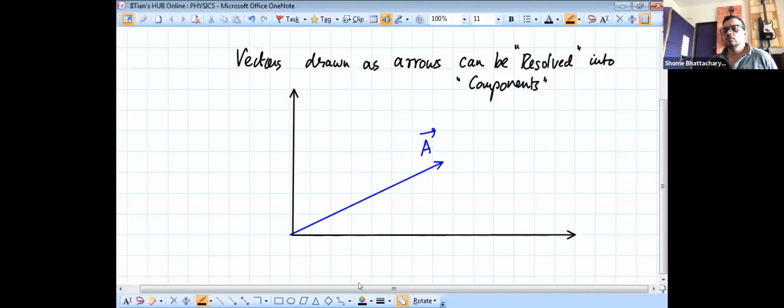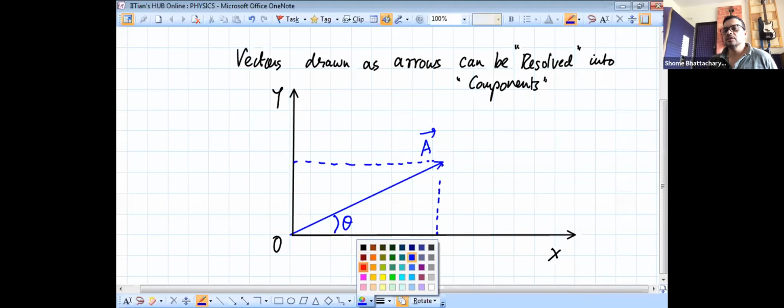So we know that with respect to our xy coordinate frame, this particular vector is at some angle theta. So we drop a perpendicular here, and we drop a perpendicular here. And it's just a matter of trigonometry now that we can say that this is what we call the x component of the vector, and this is what we call the y component of the vector.